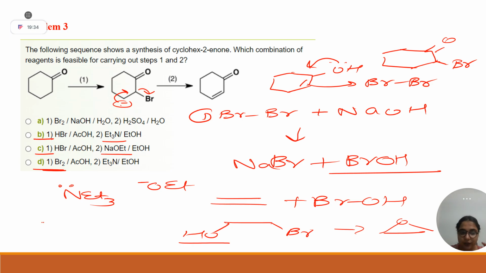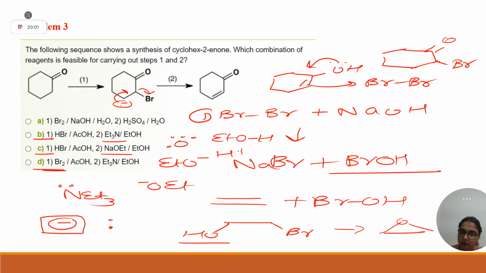So if we talk about carbanion and lone pair, who will have better basicity? Carbanion. Why? Let me tell you. Oxygen, in general, has two lone pairs. Good. But let's say in ethanol, this bond breaks. Anyhow, you will get EtO minus and H plus.